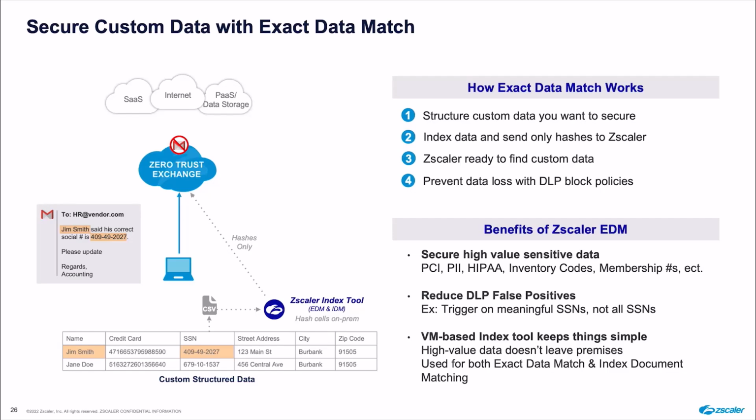And their first name, their last name, their credit card number, their social security number, their address, all of that structured data can be fed to Zscaler's EDM engine. And then the EDM engine will learn from your own data. And then once the learning happens, the EDM engine is looking at all cloud transactions and matching your exact data and then triggering different types of actions.